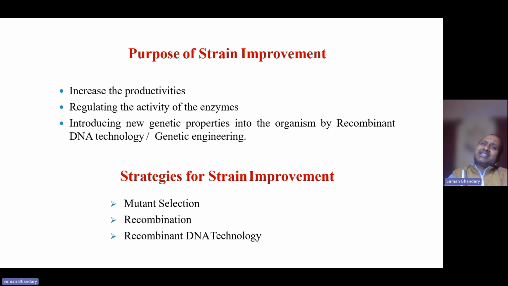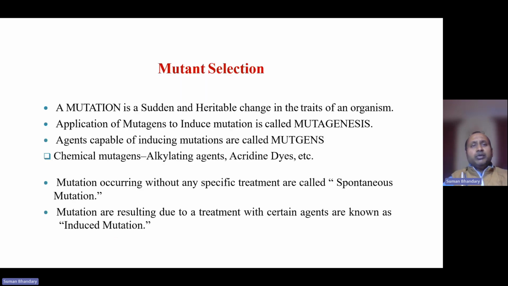And these changes are achieved either by mutation or mutant selection, genetic recombination, or the modern technique, that is recombinant DNA technology, or we can say the modern DNA splicing technique, which is known as genetic engineering. Each procedure has distinct advantages, and in some cases, a combination of one or more techniques is employed to attain maximum strain improvement. Let us discuss mutant selection or mutation.